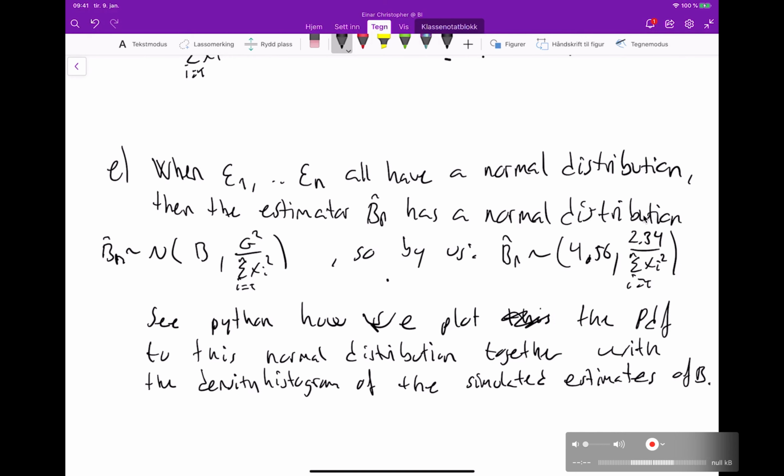And this normal distribution is actually this one. Why is it this one? Because the expectation of beta n hat is beta. We showed that in exercise 2F. And this is the variance of the beta n hat, which we also showed in exercise 2F.